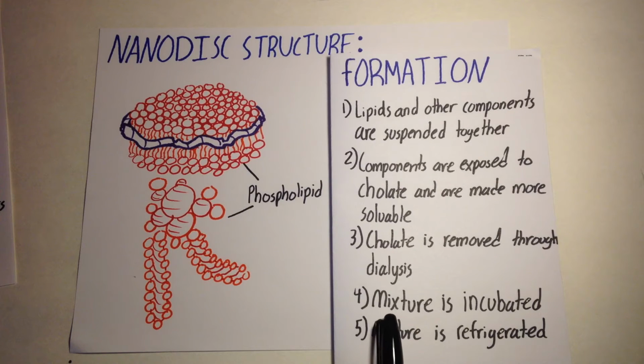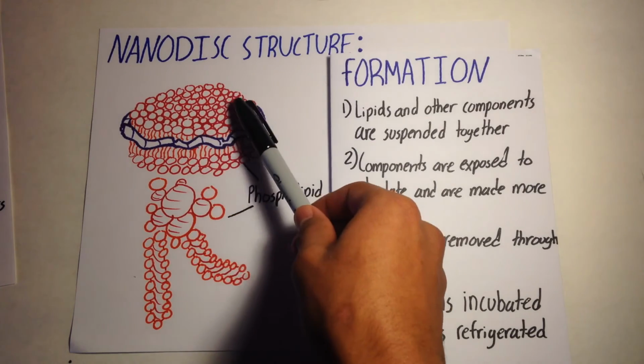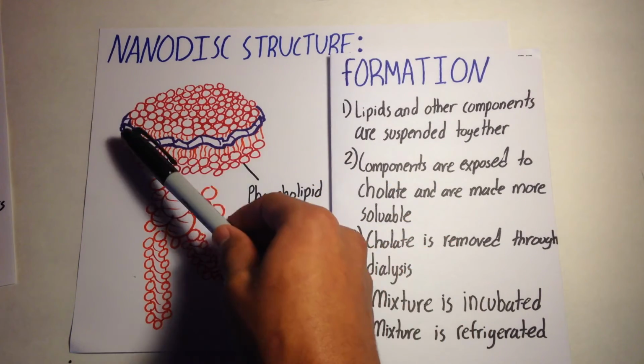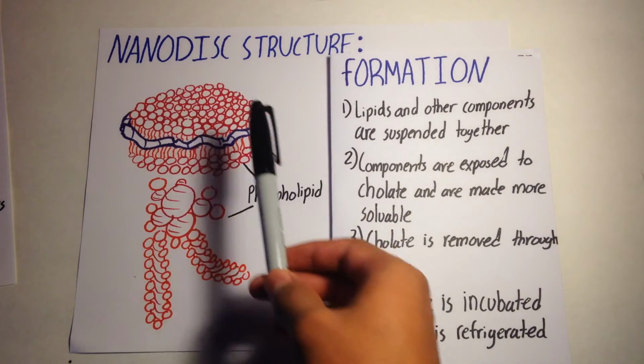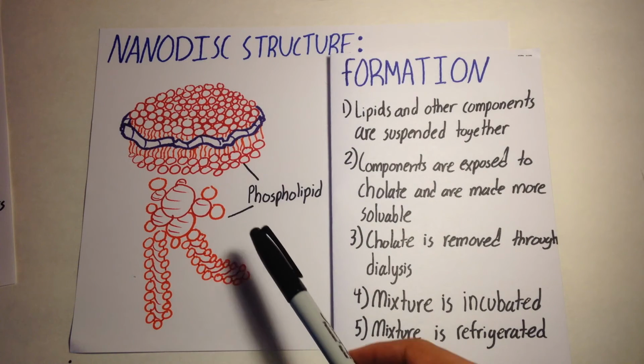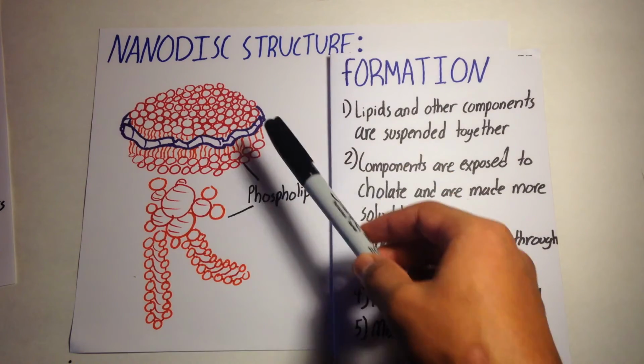So the mixture is first incubated, which excites the particles. It creates more activity in the mixture and allows all of the phospholipids to be trapped inside of the apolipoprotein belt. And here we have essentially ugly nanodiscs. The nanodiscs will be falling apart, they will be moving around, they will just be very unorganized.